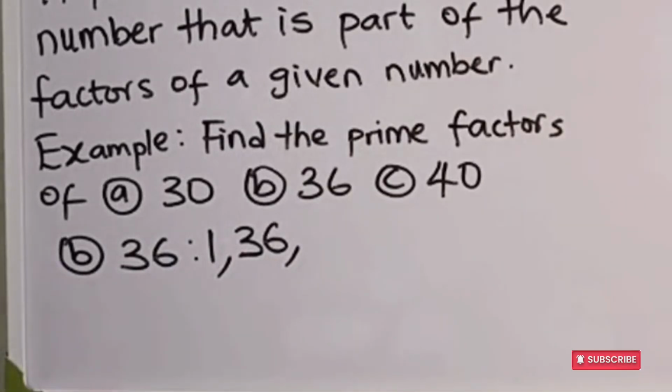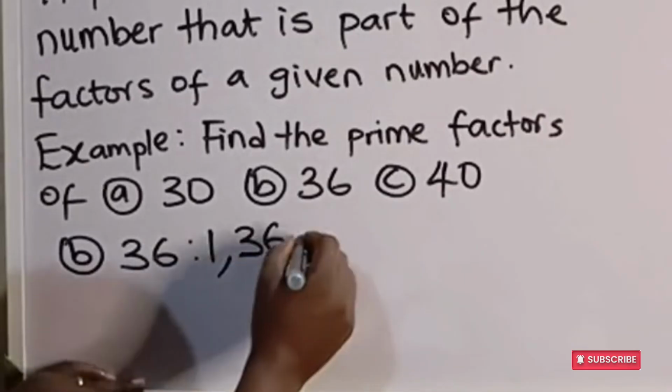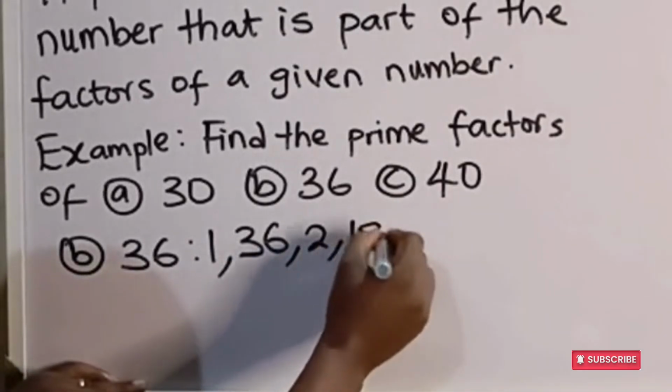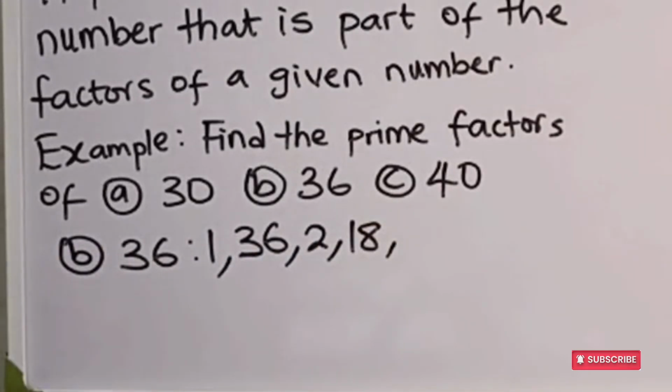So let's go to the next factor, 2. 36 divided by 2 is going to give us 18. So that means 2 is a factor of 36 and 18 is a factor of 36. Next, we try out 3. 36 divided by 3 is going to give us 12. No remainder. So that means 3 is a factor of 36 and 12 is a factor of 36.